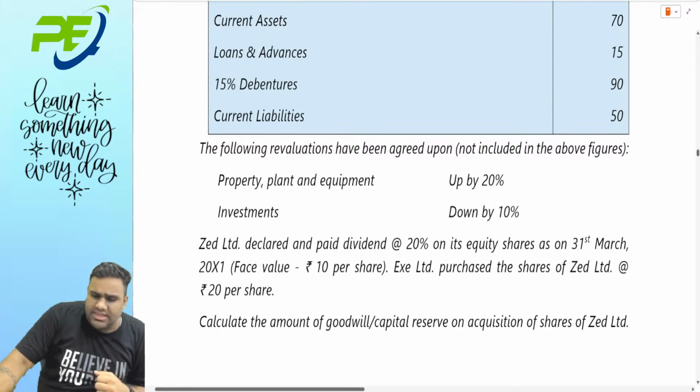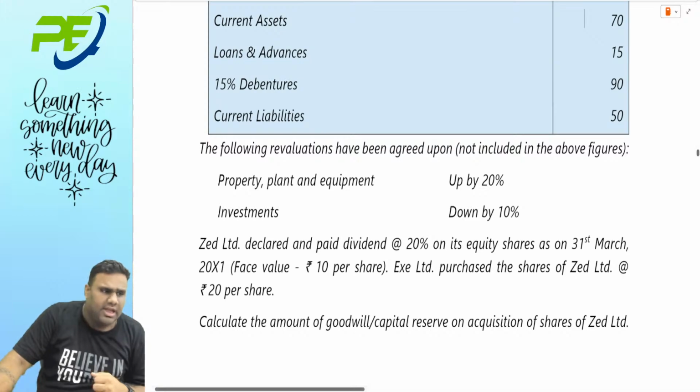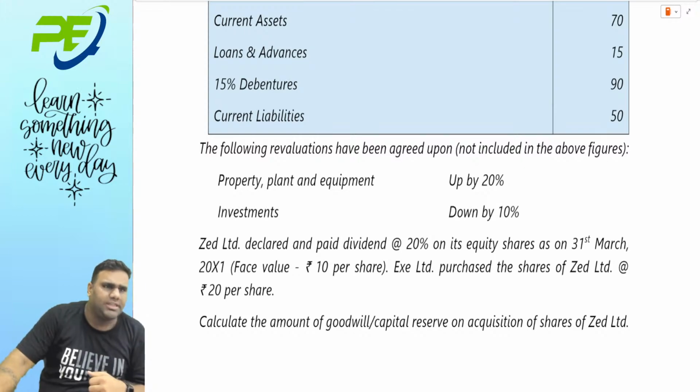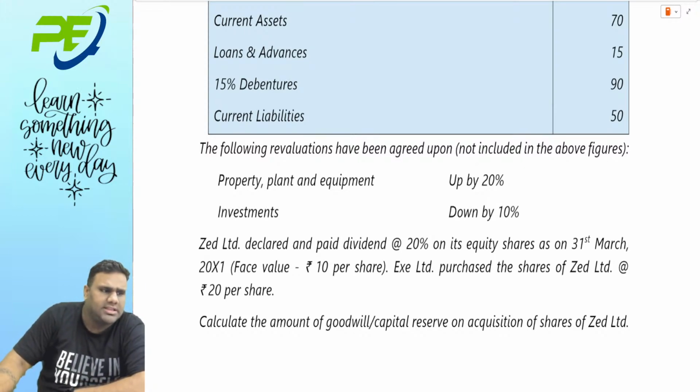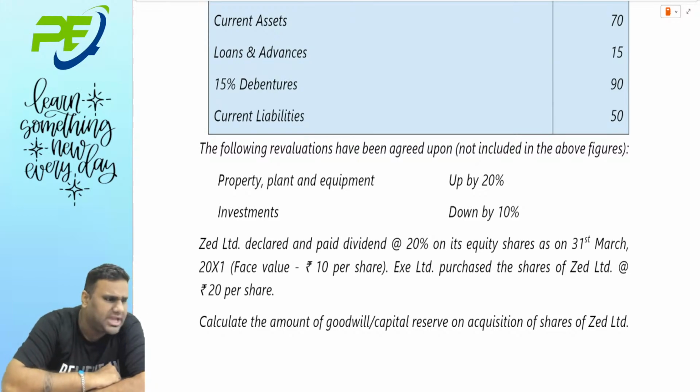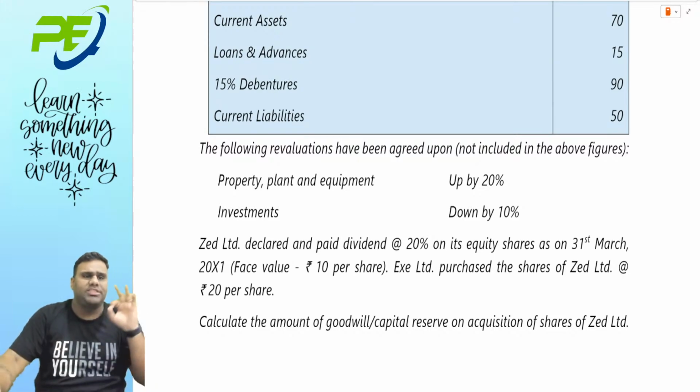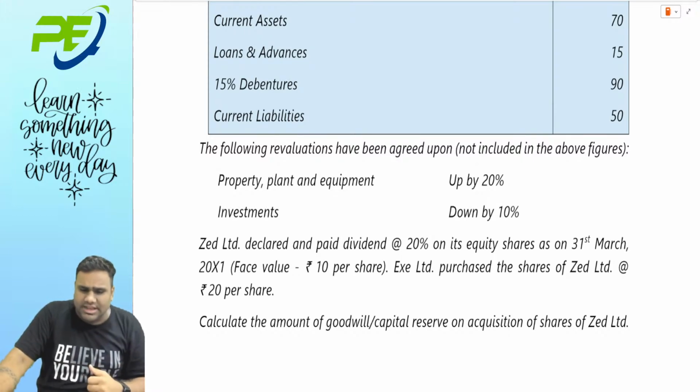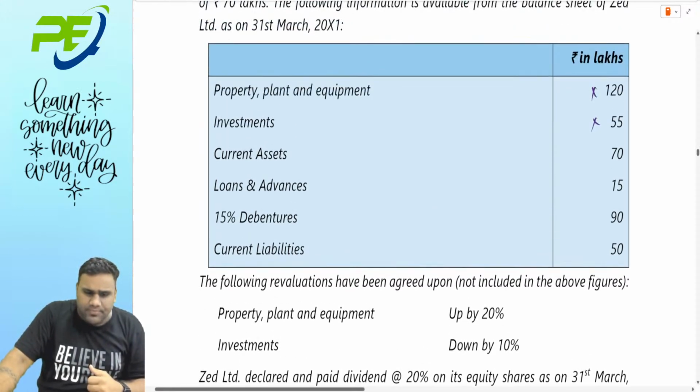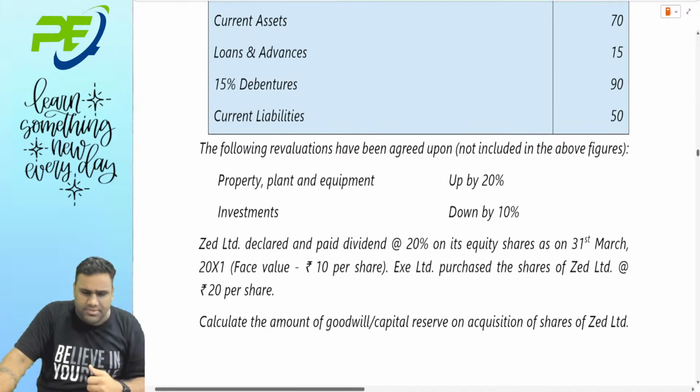X Limited purchased the share of Z Limited at 20 per share. What is this 20 per share? Think. Acquisition cost. Very good. Purchase consideration. Now you see how many shares they have?